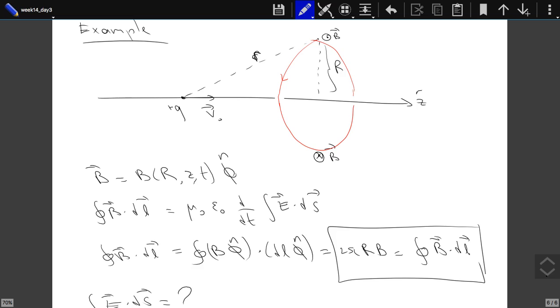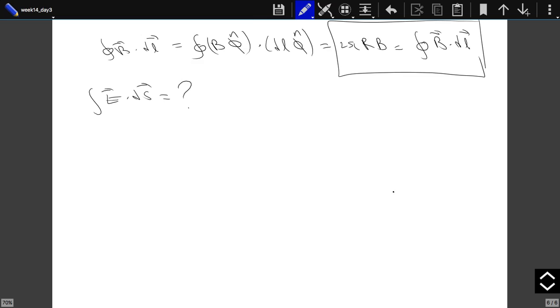Well, rather than taking my surface to be flat, this flat disk, I will just assume my surface to be kind of a sphere, a part of a sphere with center at the position of my charge. That is what I will assume. So this is my Q over here. This is my loop.